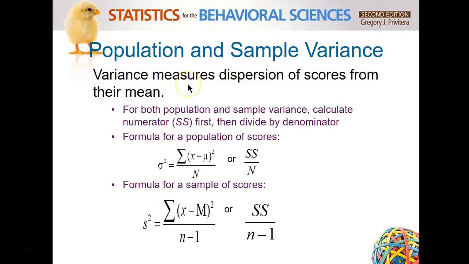But the variance measures the dispersion of scores from their mean. So we have to have the mean in order to find the variance. And what this is telling us is how far the scores are from the mean. That's what you're going to read in your articles.